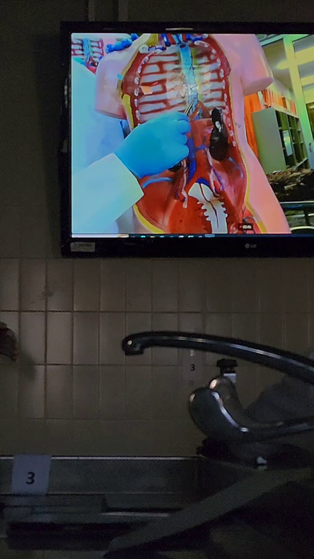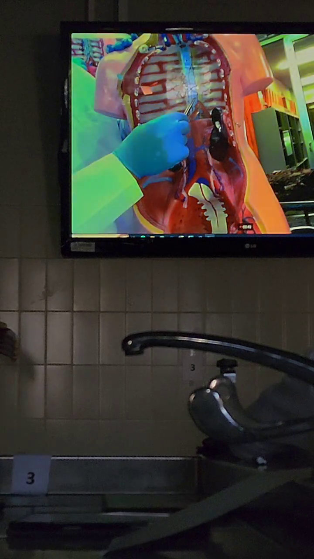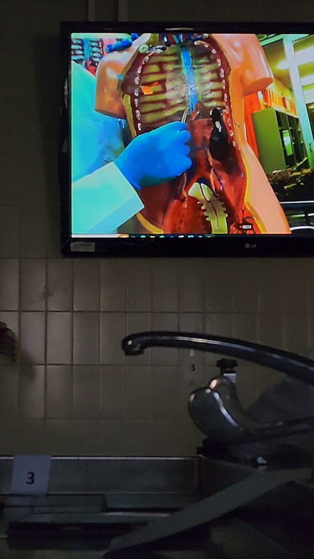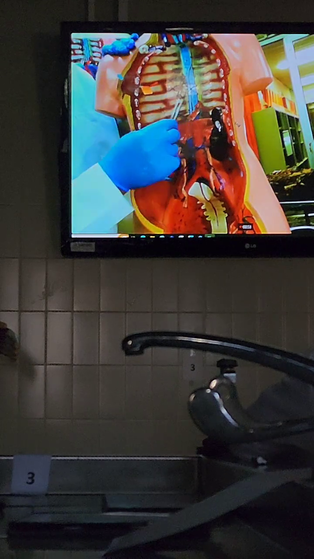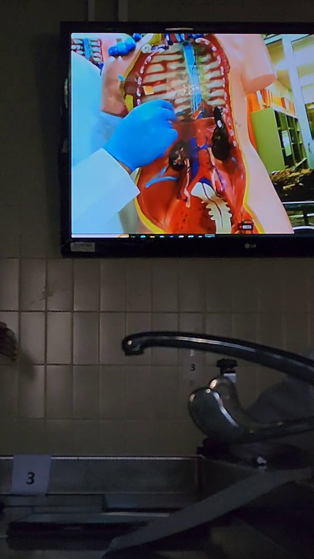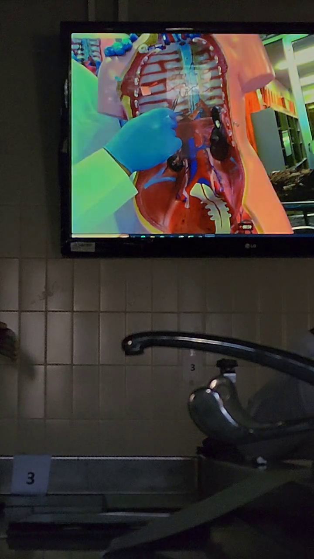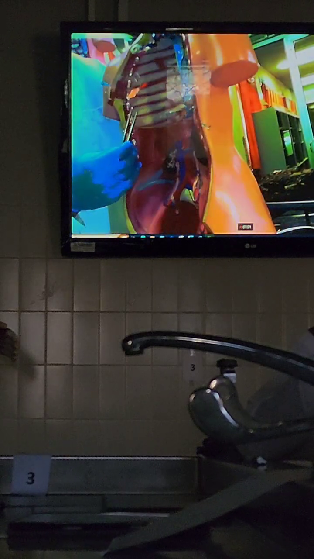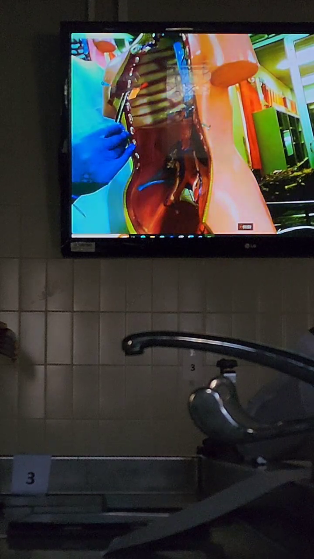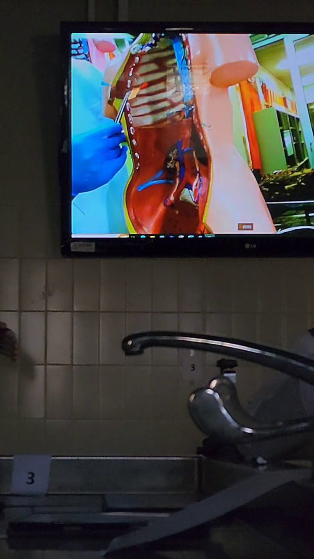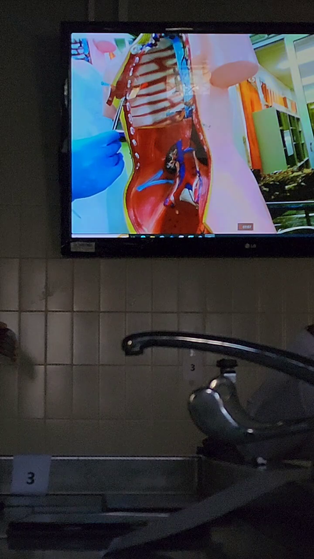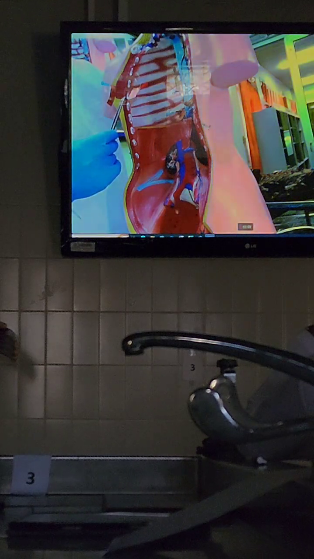This is the hemiazygos system of veins, while this is the azygos vein. Again, this is a pointer to the posterior intercostal membrane. And again, here I'm pointing to the innermost intercostal muscle, pectoralis major, and in between them serratus anterior.